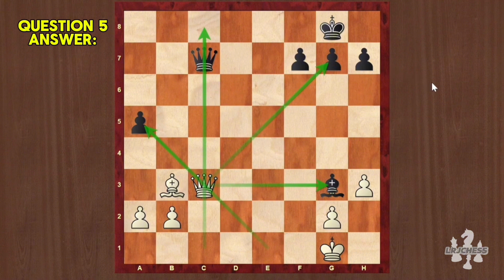So as we can already see, there are a lot. The white queen can capture a pawn. It can capture the enemy queen. It can capture a pawn over here. And it can capture the bishop. So the correct answer here would be that the white queen can capture 4 pieces.